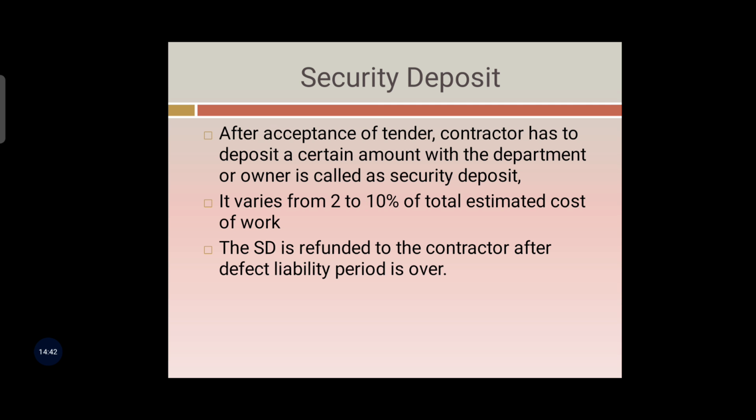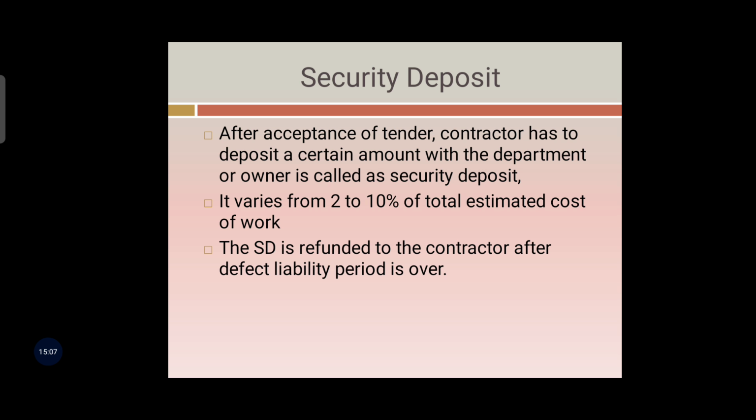And you have to pay only 4% of the estimated cost as a security deposit. The security deposit serves as a security against the material and machinery supplied by the department. If the contractor does not complete the work in time and the quality of work is inferior, then the security deposit is forfeited. It does not carry any interest.